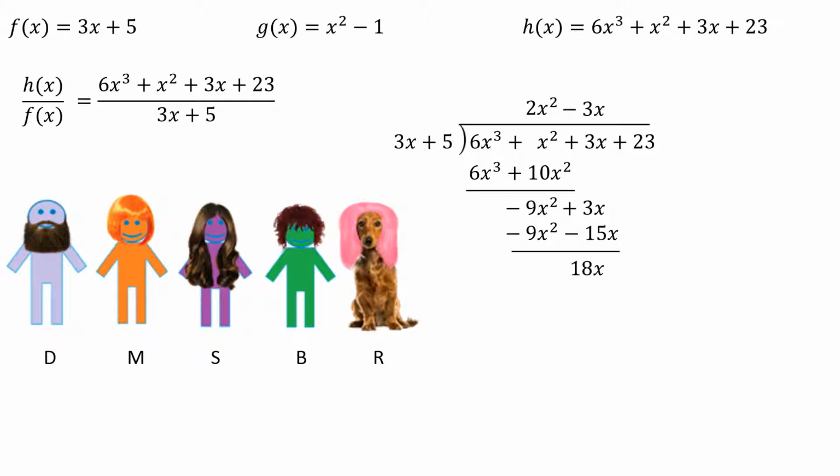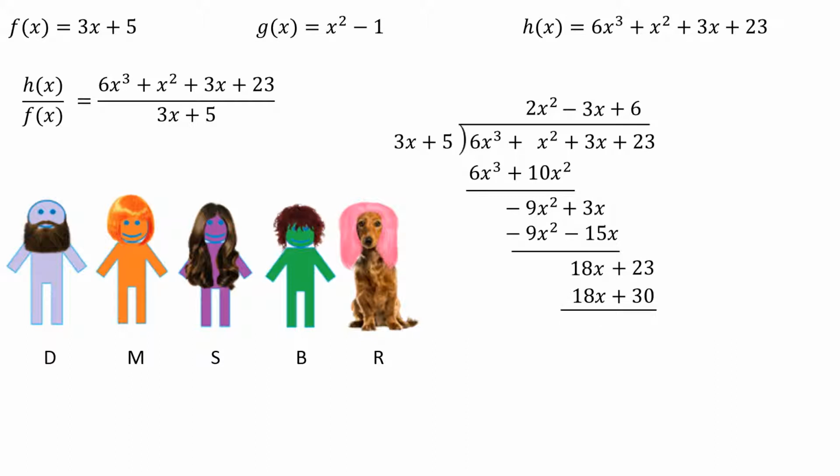Okay, pizza, the brother, little pizza. Bring it down, bring it down. Bring down that positive 23. Right? 3x divides into 18x 6 times. So 6 times 3x is 18x. 6 times 5 is 30.